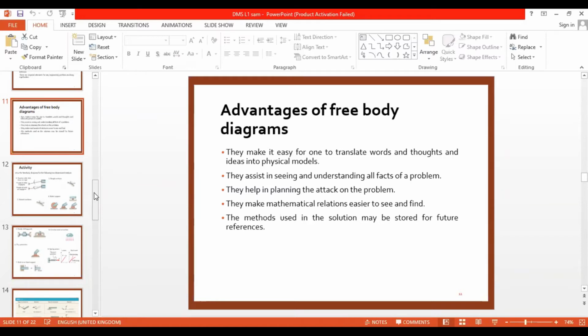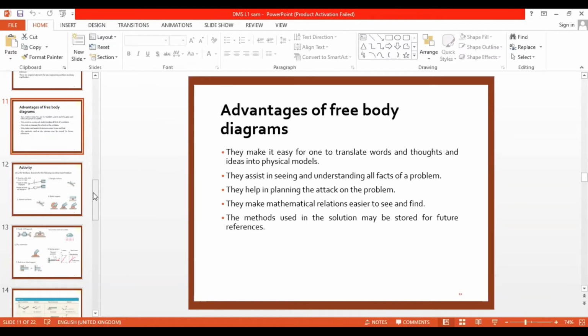So usually it is stated that 100 words can be denoted by a diagram, right? So this is why we draw a free body diagram, in order to denote all the parameters. So if you want to do a numerical, it's better if it is in a diagram rather than in words. If we can translate the words into the diagram, that will be easy.